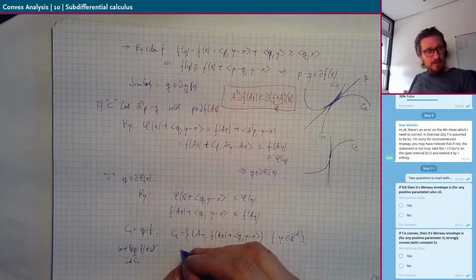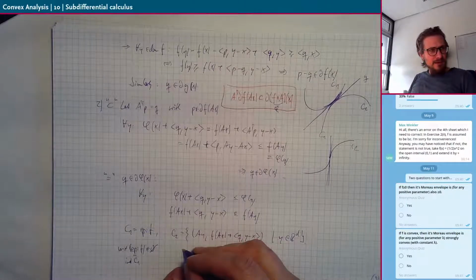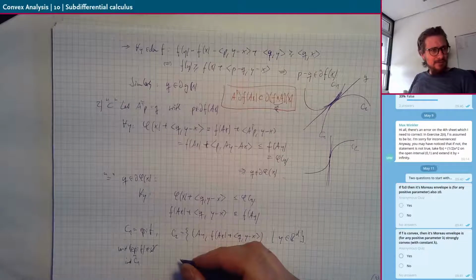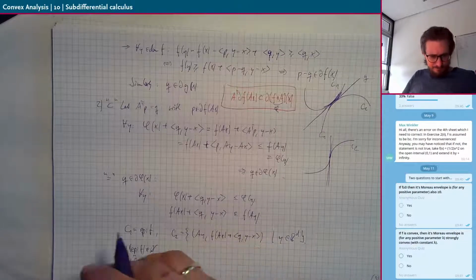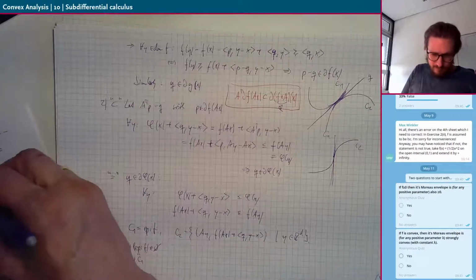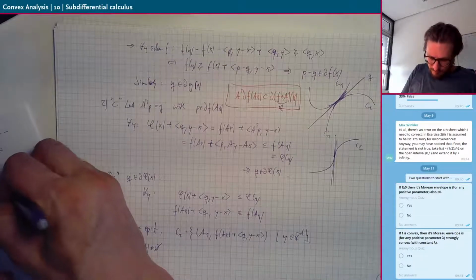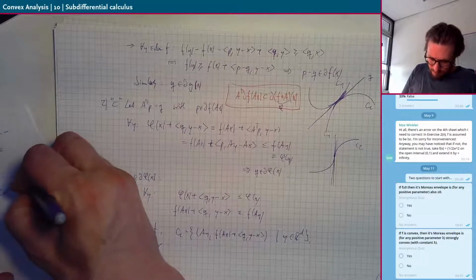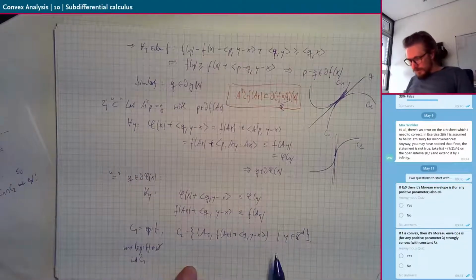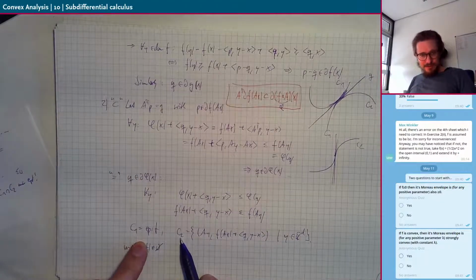And also, again, these two things only intersect at the boundary.